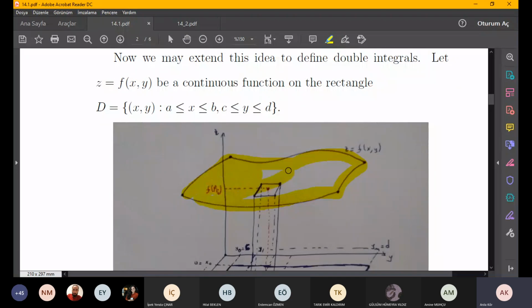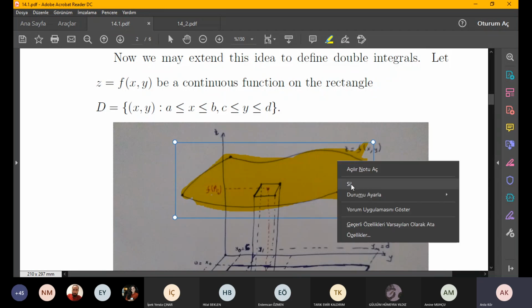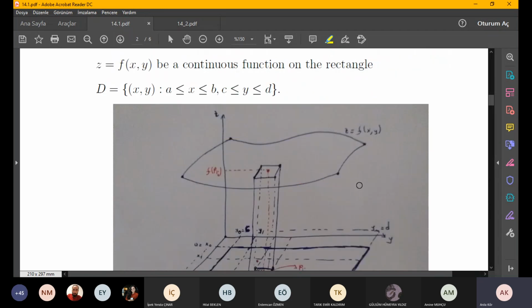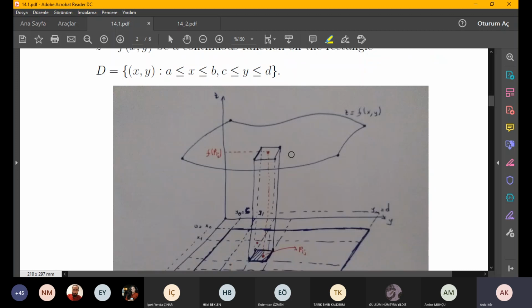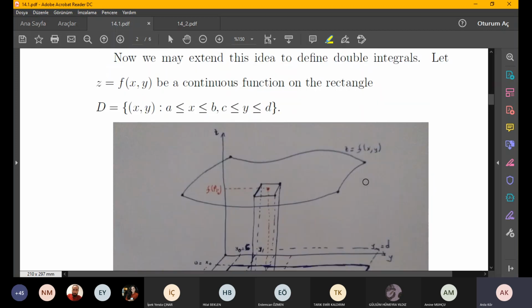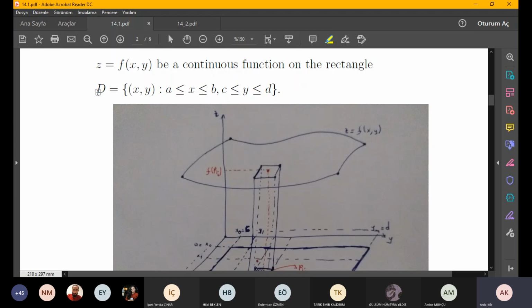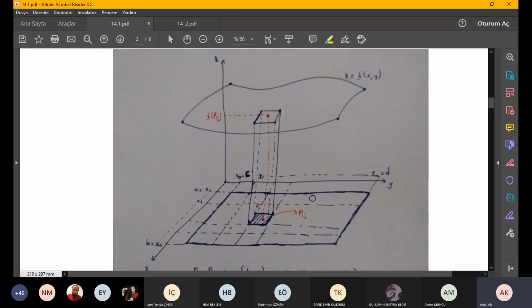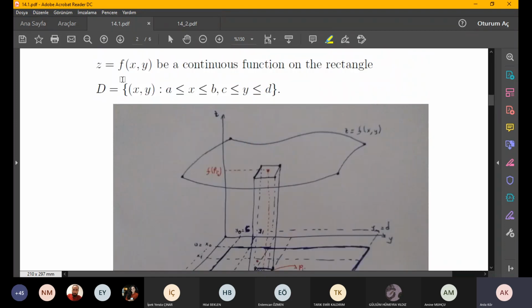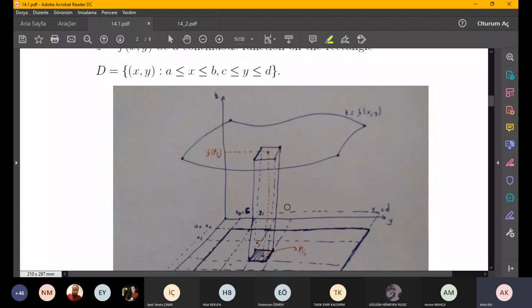This is the surface, which is your function f(x,y), because you are in three-dimensional space, and we suppose that it is a continuous function on the domain which contains points where x is in between a and b and y is in between c and d.